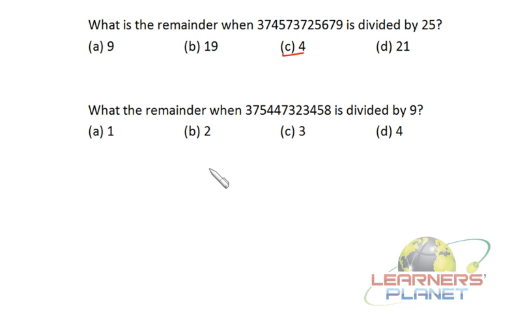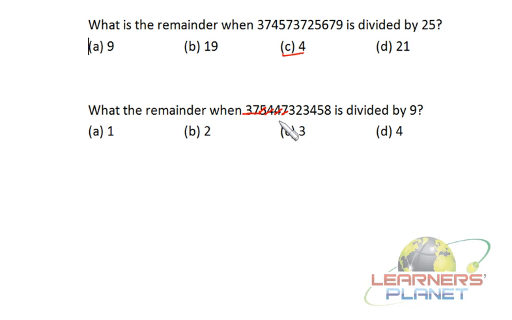Now in this case, what is the remainder when this particular number is divided by 9? According to the divisibility test of 9, the sum of digits must be divisible by 9. So let's make the sum as 9 and get the remainder. 1 plus 5, 6 and 4, 10. Further we are getting 1. 1 plus 4, 5 and 7, 12.